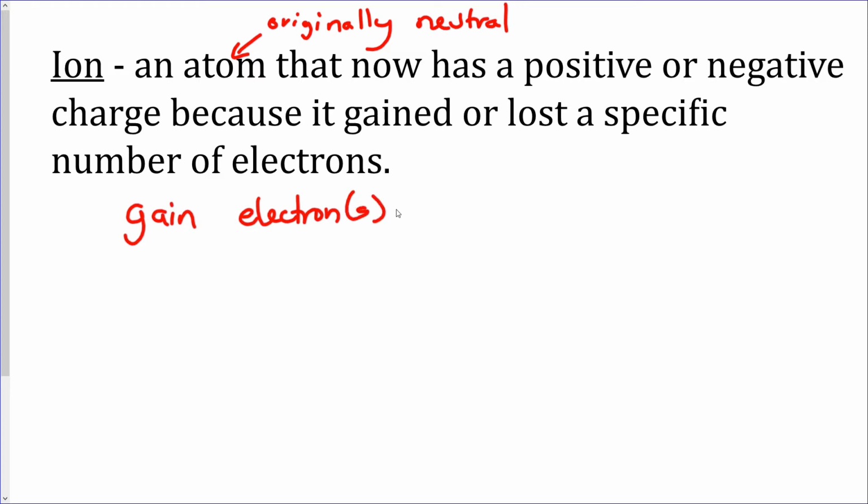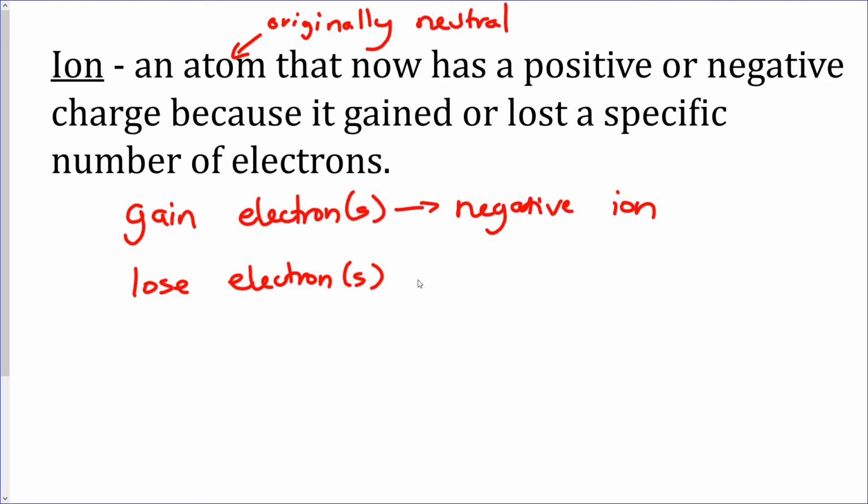Remember, those electrons are negative, so if you gain electrons, you're taking in more negatives, so you are going to become a negative ion. The opposite is true as well. If it loses an electron or electrons, it becomes a positive ion. Because again, if you give away negative electrons, all of a sudden you become positive.